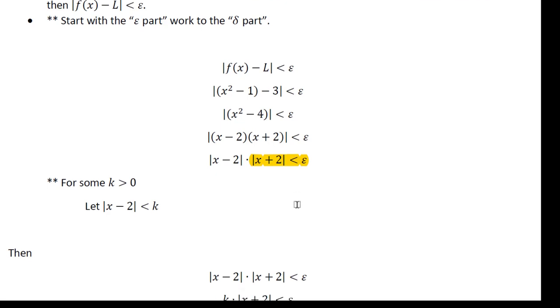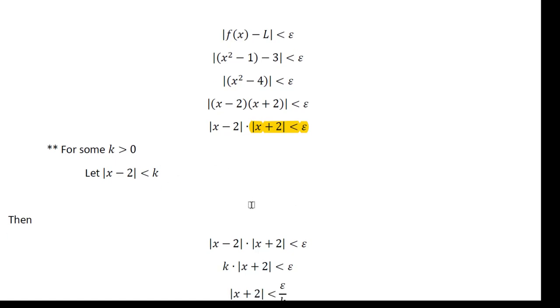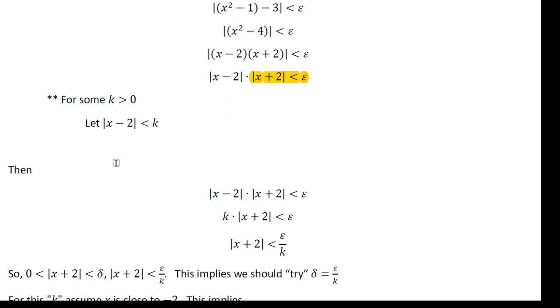So therefore, what I'm going to have to do is find some substitution that I'll call k so that I can compare. And what I want to do is say for some positive k, let x minus 2, the absolute value, be less than k. Why am I choosing x minus 2? Well, that's this value, x minus 2 absolute value.